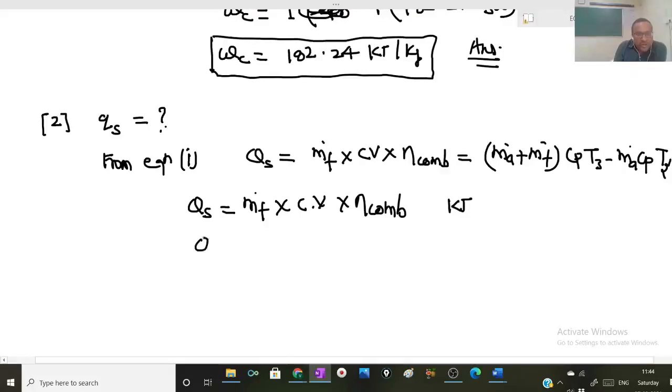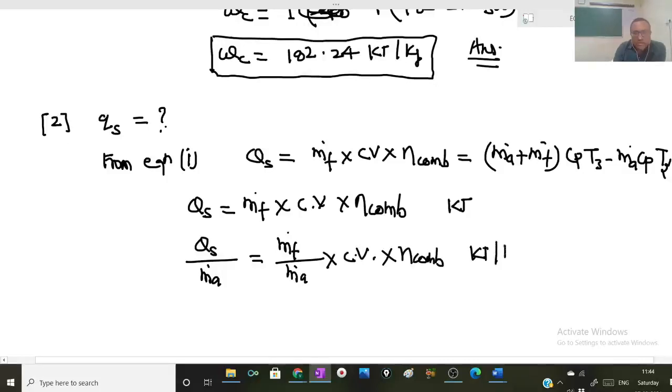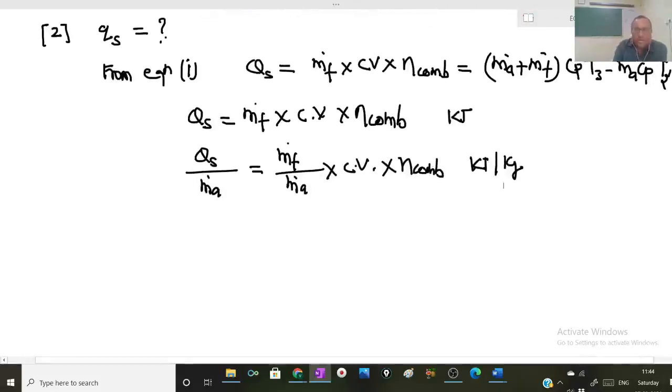So I have to divide both sides by the mass flow rate of air: m dot F over m dot A into Cv, the calorific value, into eta combustion. Now the unit will become kilojoule per kg. So Qs divided by m dot A will be the specific heat supplied.